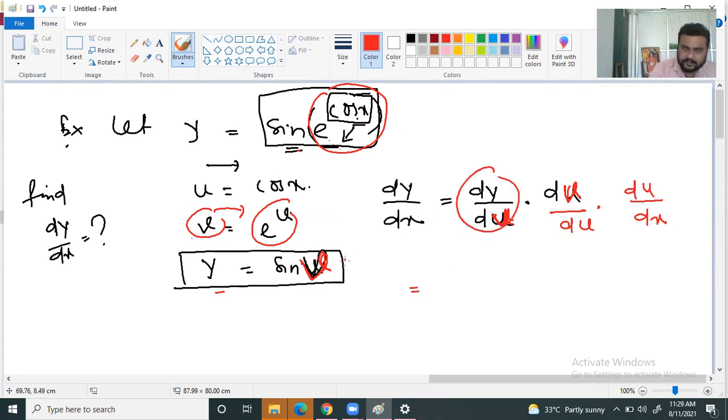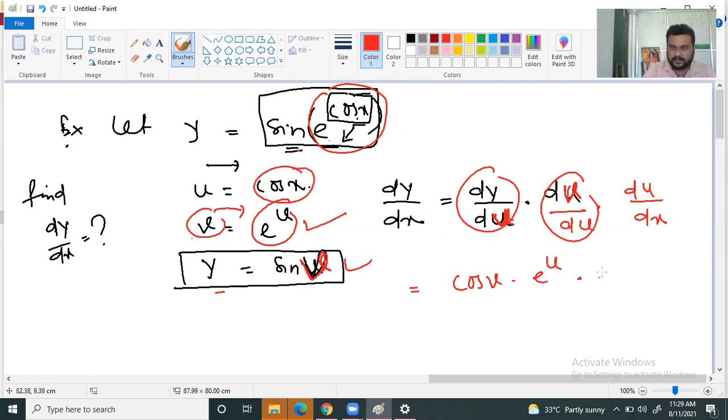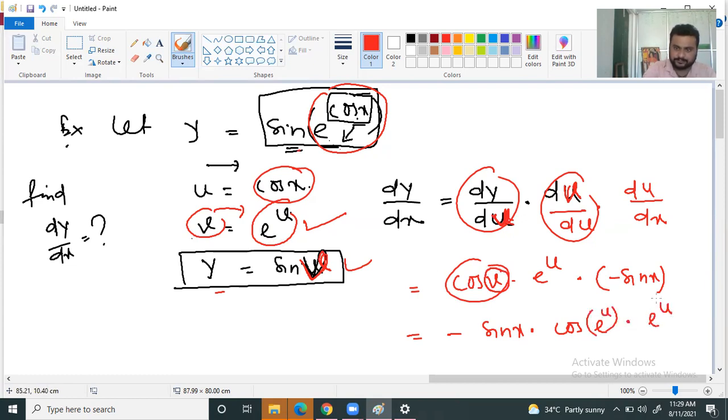So dy by dv is cos v, into dv by du is e to the power u. Derivative of e to the power u is e to the power u, into du by dx is minus sin x. You know the derivative of cos x is minus sin x. So minus sin x into cos v, cos of e to the power, substitute v. What is v? v equal to e to the power u, into e to the power u.